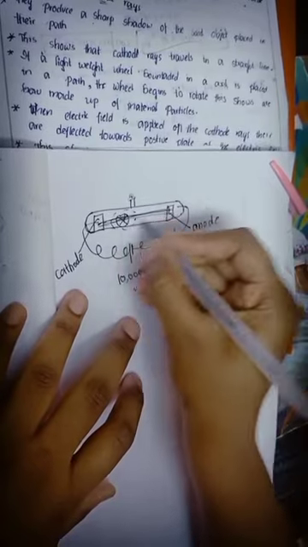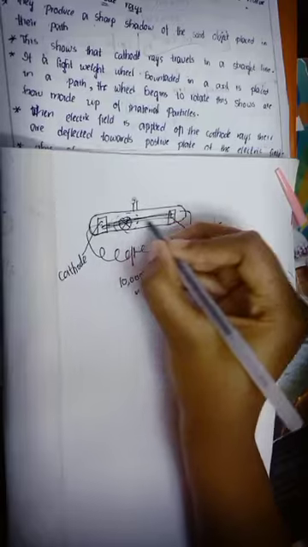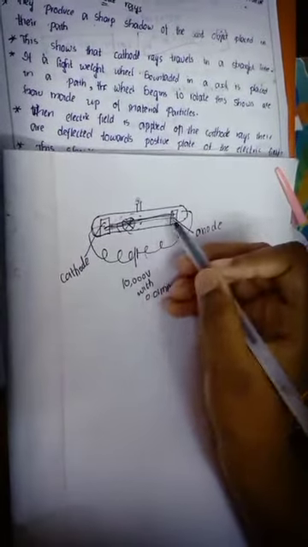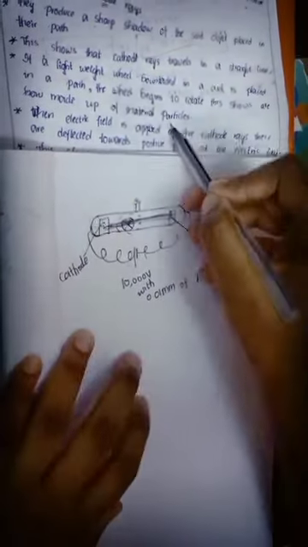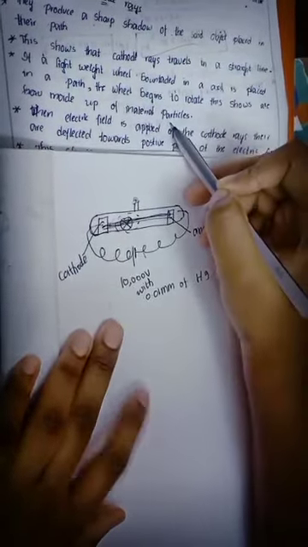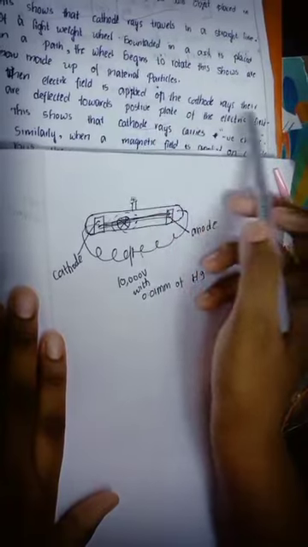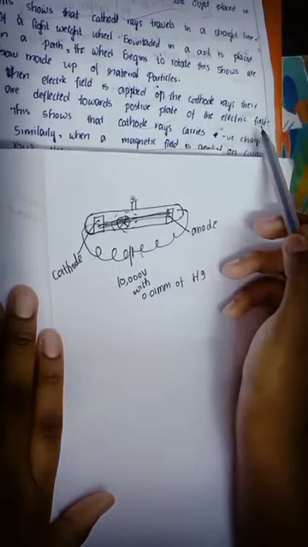Cathode rays are moving from cathode to anode. Here rays will pass now. When cathode rays are passing, this wheel will rotate. If this wheel is rotating, the cathode rays are made up of material particles. When an electric field is applied on the cathode rays, they are deflected towards the positive plate of the electric field.